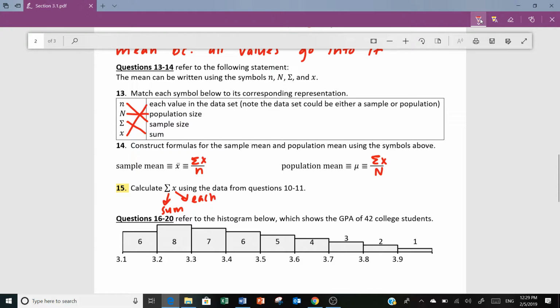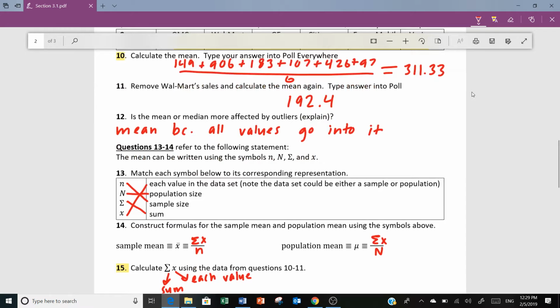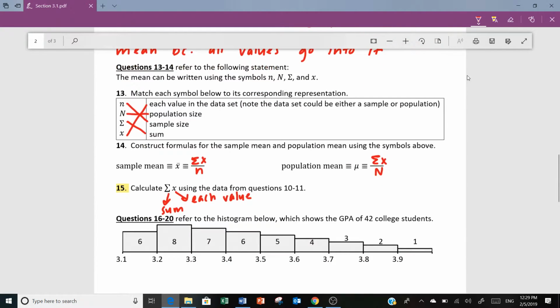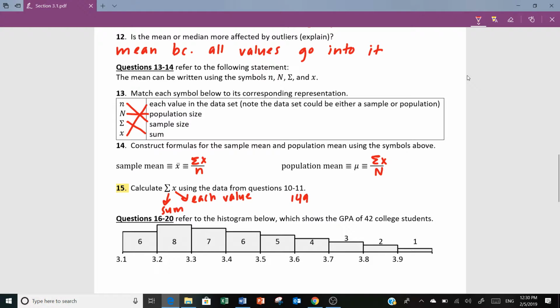So we're summing each value. That means just to add all the values together. So we have 149 plus 906 plus 183 plus 107 plus 426 plus 97.